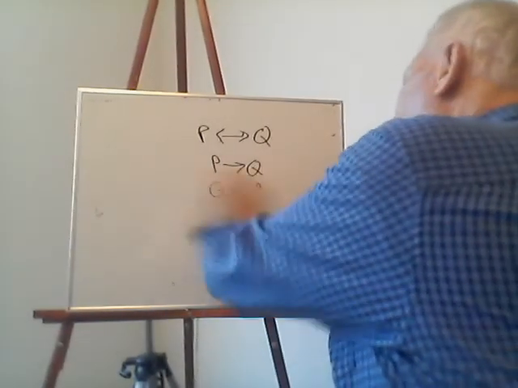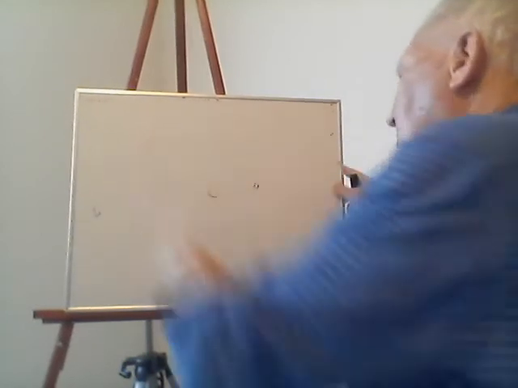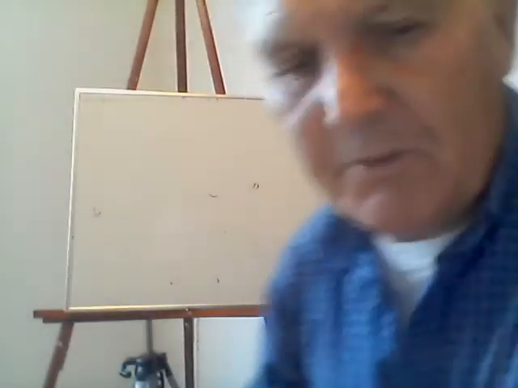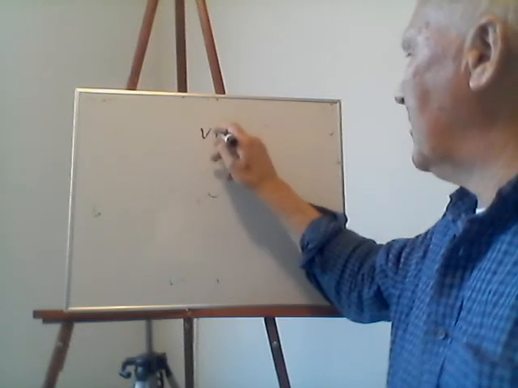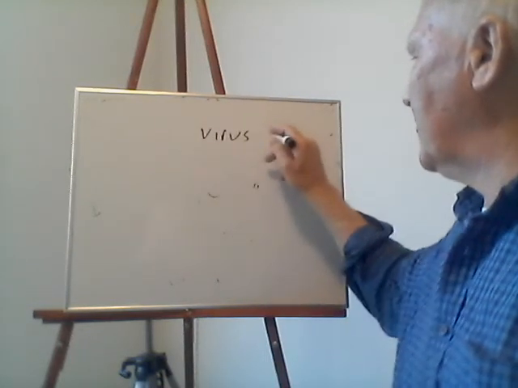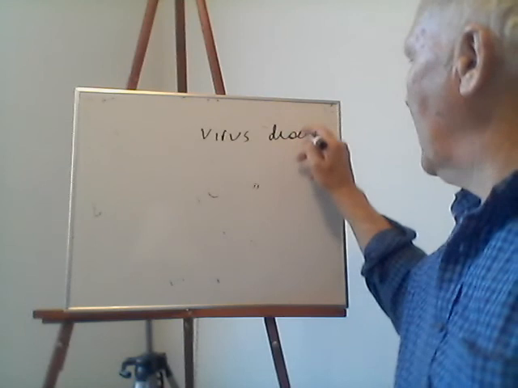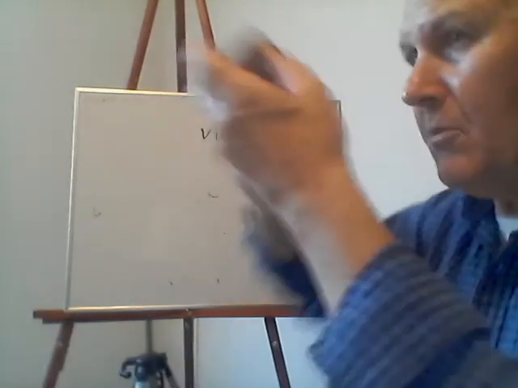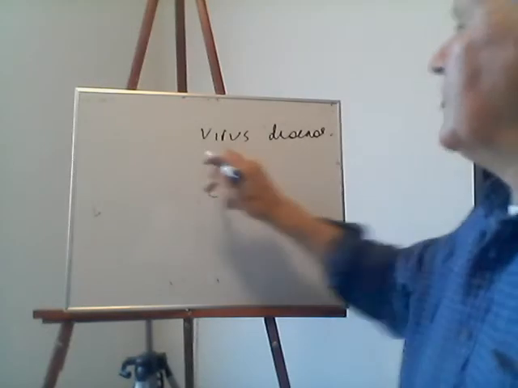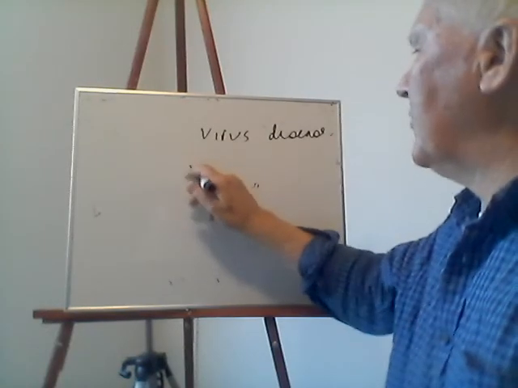So anyway, necessary and sufficient conditions are very important. Let me say how this applies to medicine. Let's say doctors know a certain virus caused a certain disease, and they want to wipe out the disease. So they have to find out what the virus is. So what should they be thinking? Should they be thinking this way?